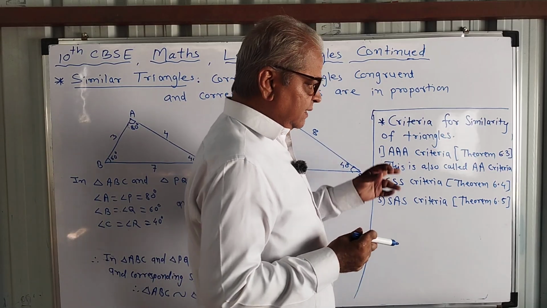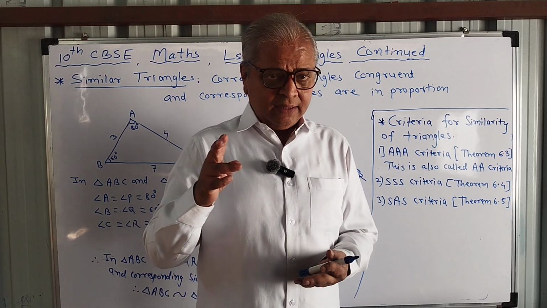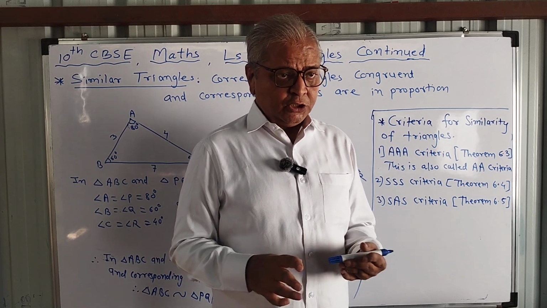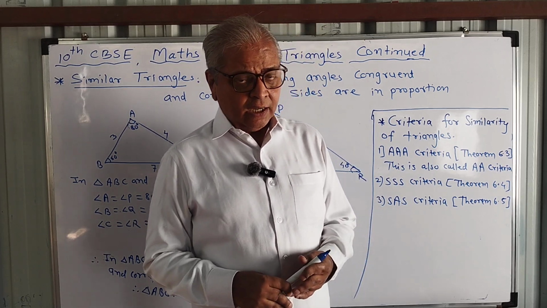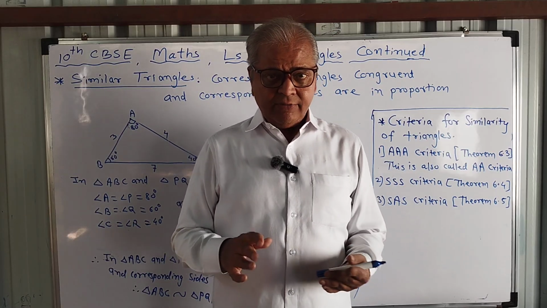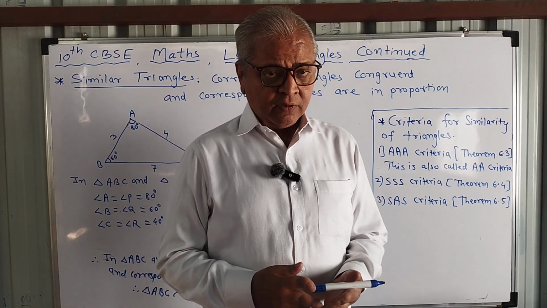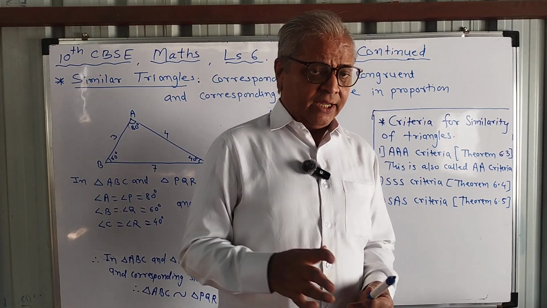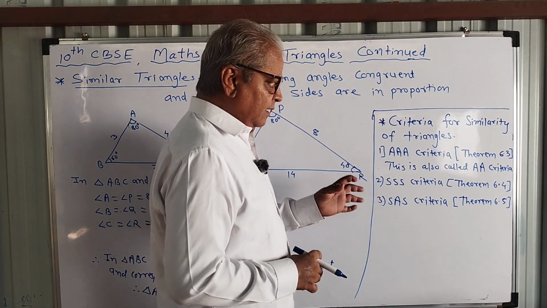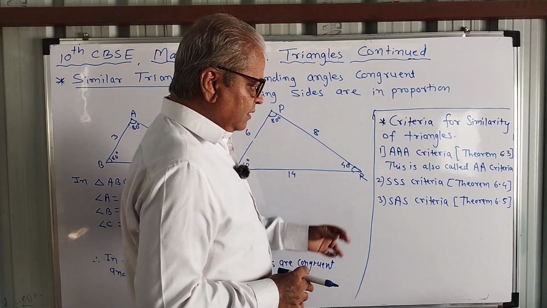So first thing is, we can show only 3 elements, and that is called a criterion for similarity of triangles. Every time it is not required to show all the 6 elements. Only if particular 3 elements are shown, then that is called criteria for similarity of triangles.